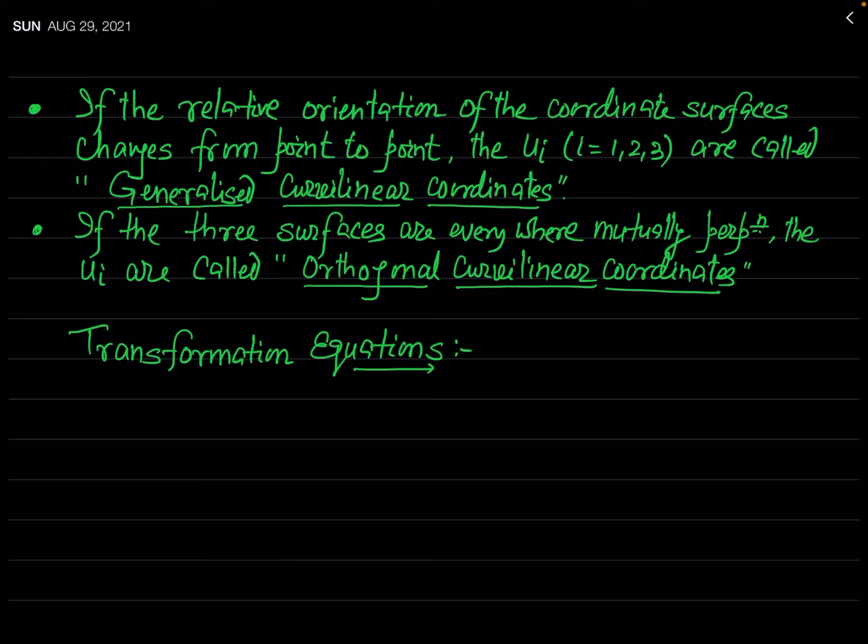And the converse is also true, that the general curvilinear coordinates may be expressed as a function of these space coordinates, that is x1, x2 and x3 or xyz. And those relations are known as transformation equations. So we assume that two sets of transformation equations exist here, and you can see what those are.